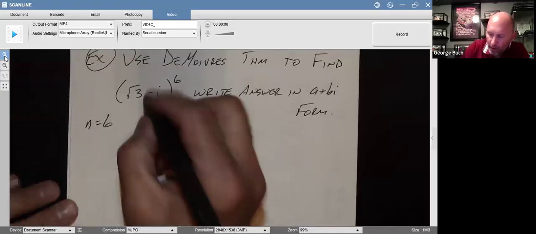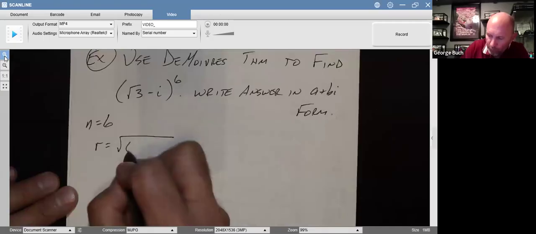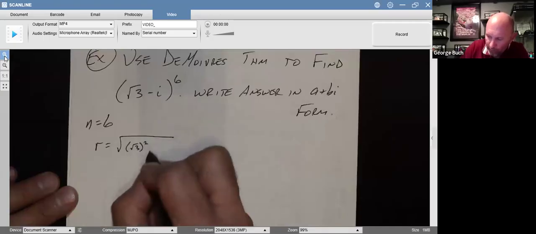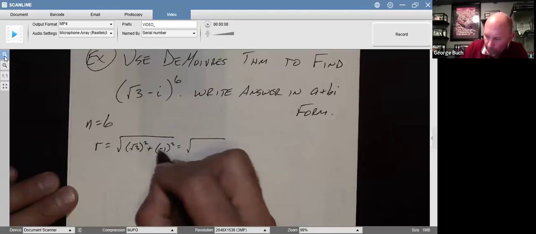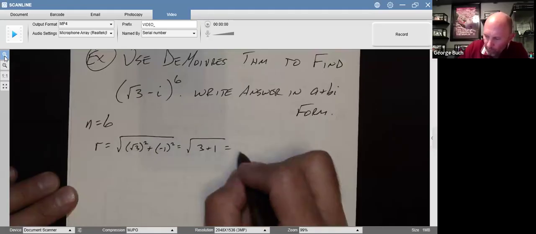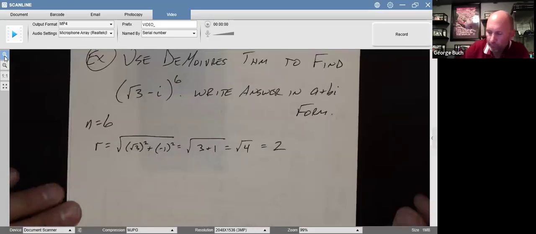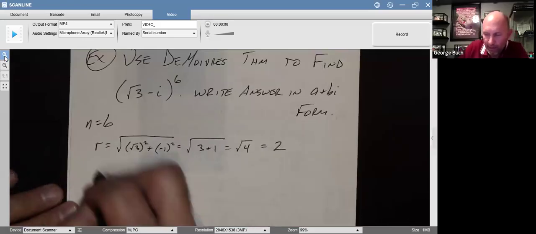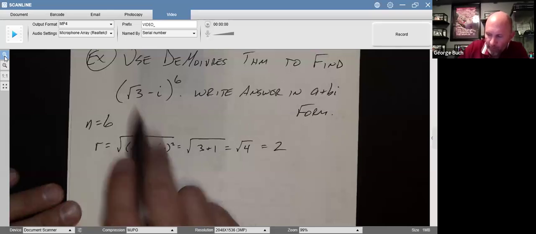And then I need my r, which is the square root of √3 squared plus -1 squared, which is the square root of 3 plus 1, square root of 4, which is 2. And again, I should have started, sorry. Which quadrant am I in?